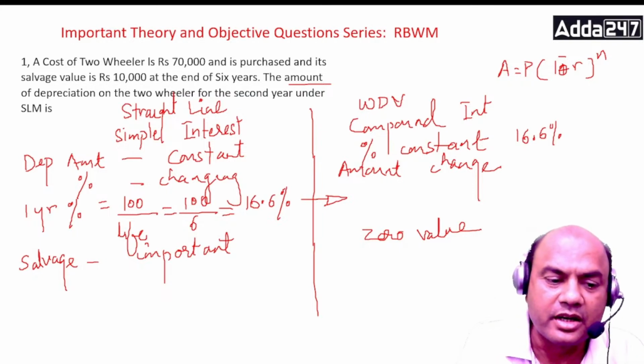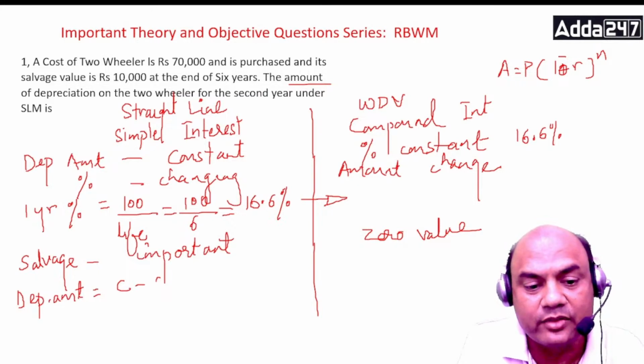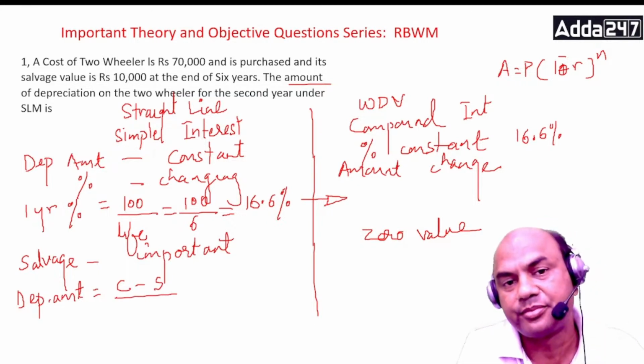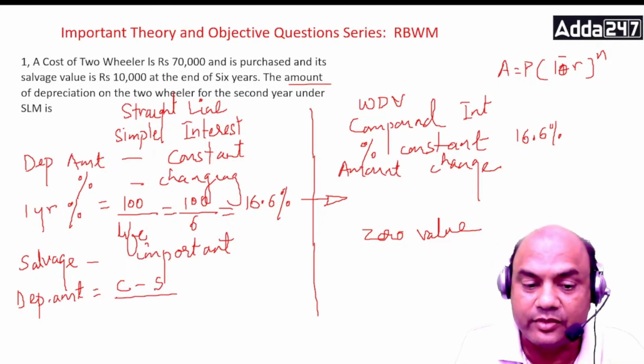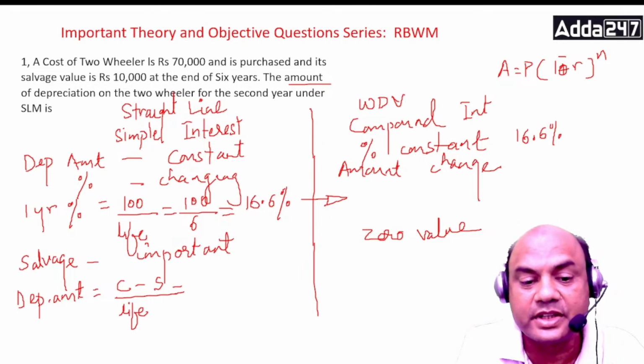Kindly note. Depreciation amount equals to what? Cost, total cost minus salvage value divided by life. Okay, whatever is the life. So what is the cost? Cost is given as 70,000. So 70k I'll write it.